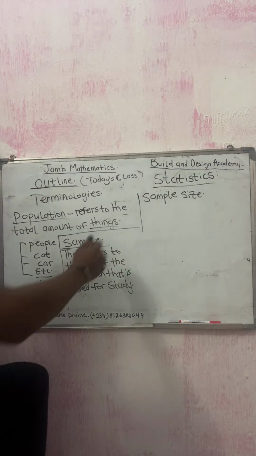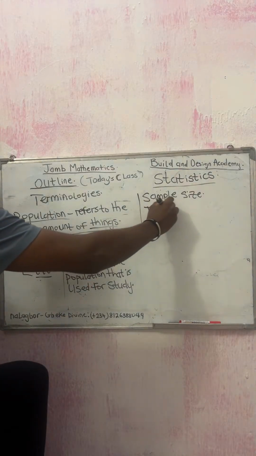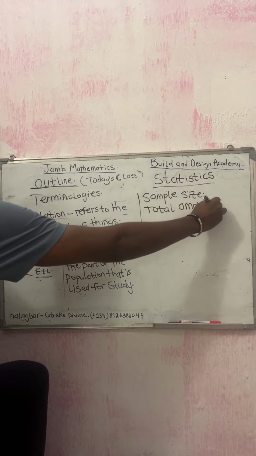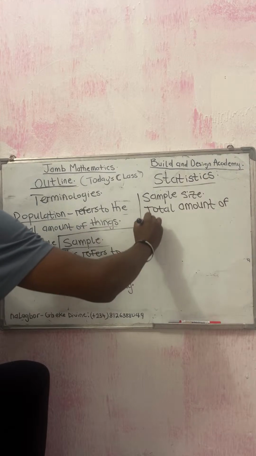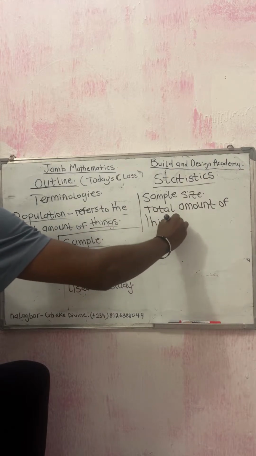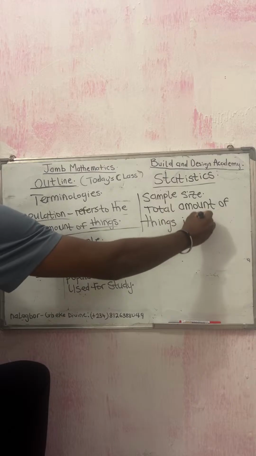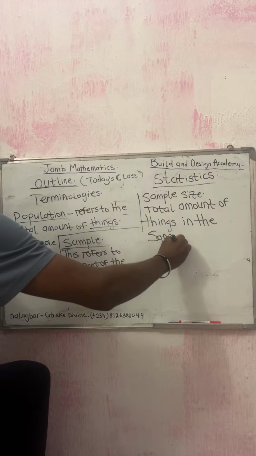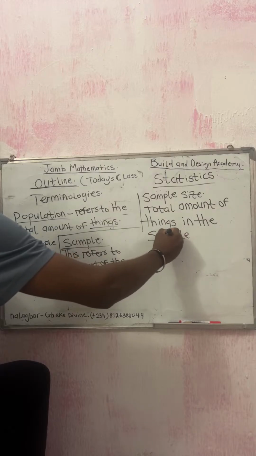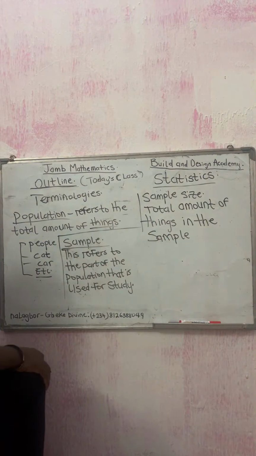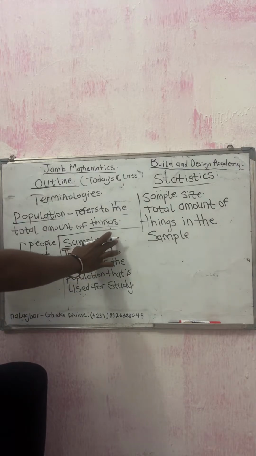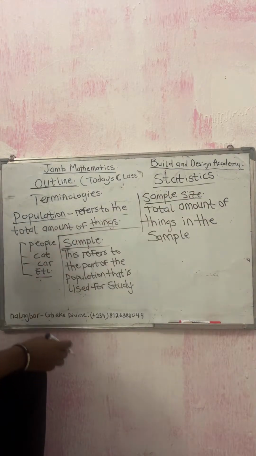The sample size is the total amount of things in the sample. So I see the way they are connected. From population you get your sample, from sample you get your sample size.